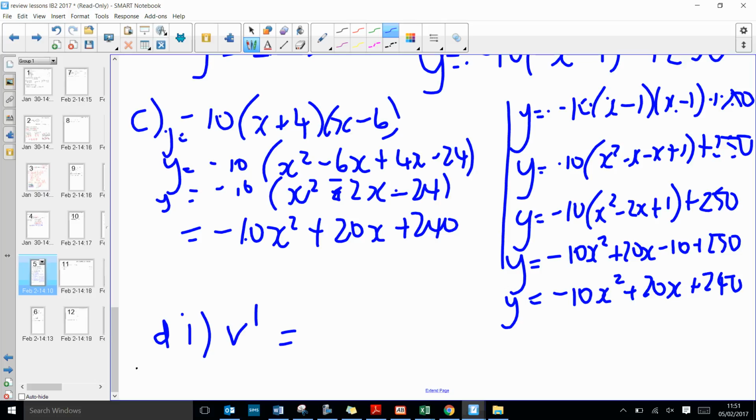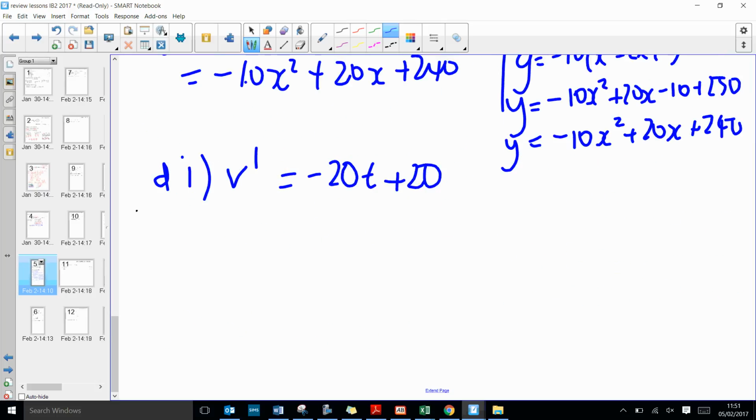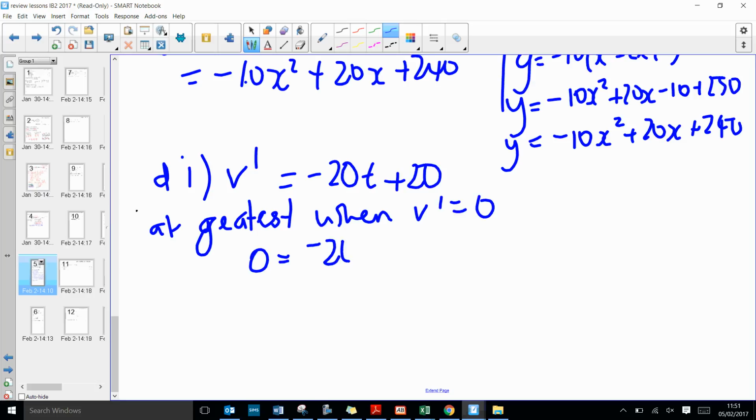So our power comes in front, so it's negative 20t plus 20. Obviously the other term disappears. It's greatest when v dash equals 0. So 0 equals negative 20t plus 20, so 20t equals 20, t equals 1. So the velocity is greatest when t is 1.